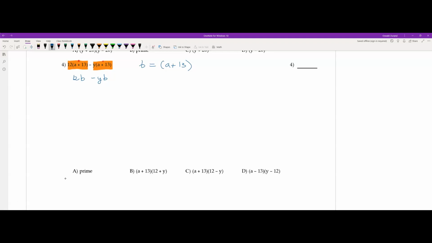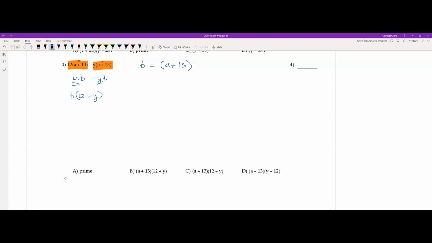If they tell you to factor this, then you know that b is the greatest common factor. You put b on the outside, then put parentheses, and whatever is remaining when you factor out the b, you will put 12 minus y. You have the 12 and the minus y, because you extracted out the b from the two terms.